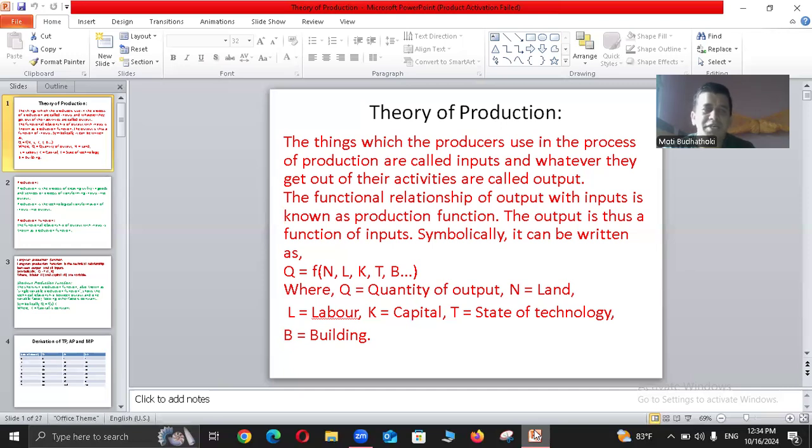To complete the production process, we need various items: land, the natural factor; labor, the changeable factor; capital; and state of technology, as well as buildings for the process of production.